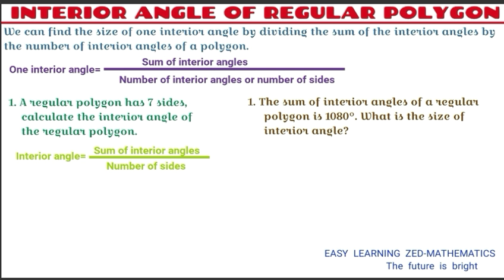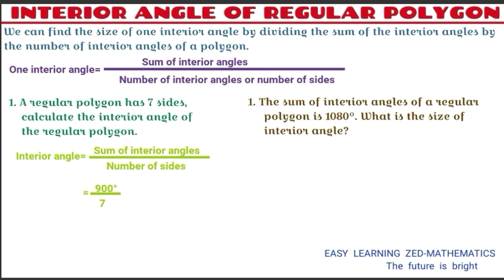Okay, so when they give you this question, the examiners expect you to know the sum of interior angles of a regular polygon with 7 sides, and that is a heptagon. The sum of interior angles of a heptagon is equal to 900 degrees, which will be divided by the number of sides, 7.